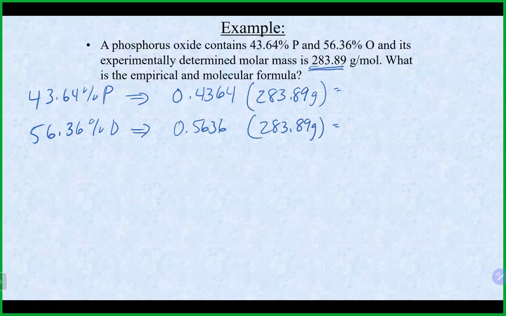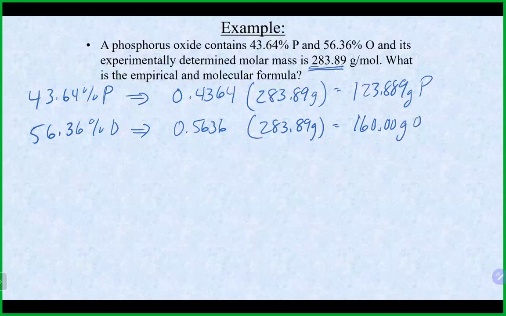And if you do that, that will tell you 0.4364 times 283.89, at a 283.89 molar mass, 123.889 of it is basically phosphorus. And if you do that, 0.5636 times 283.89, about 160 grams of it is oxygen.